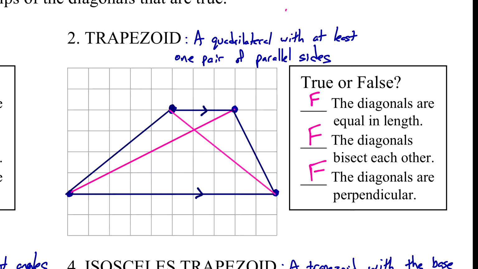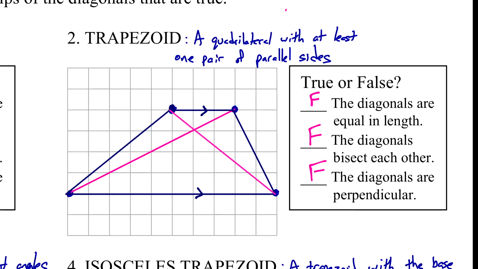Trapezoid's a little bit hard to tell depending on how you draw it. They don't bisect each other. You'll notice there's a small piece and a long piece. Those are not cut in half, right? And the other one maybe you might have got wrong is the diagonals are perpendicular.